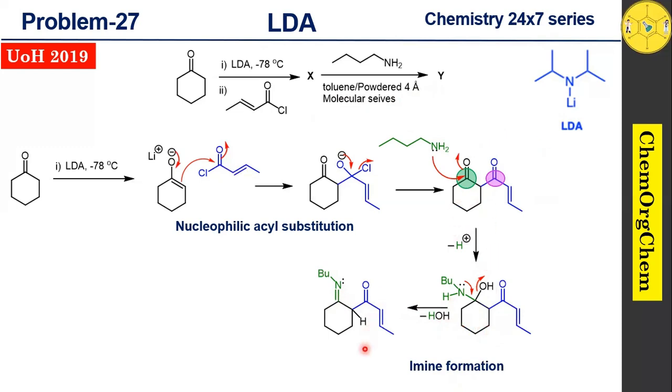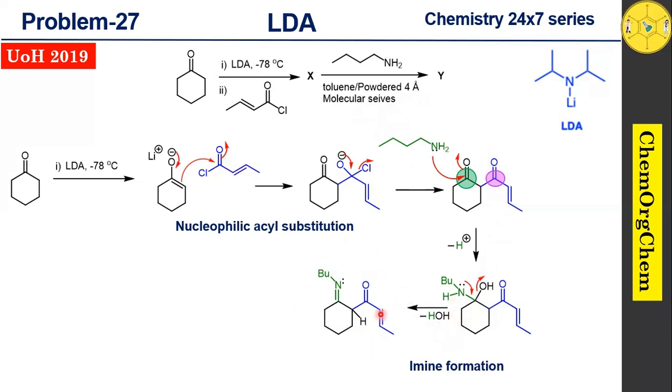In order to avoid this reversible reaction, we use powdered 4 angstrom molecular sieves that readily absorb this water molecule, preventing the backward reaction.